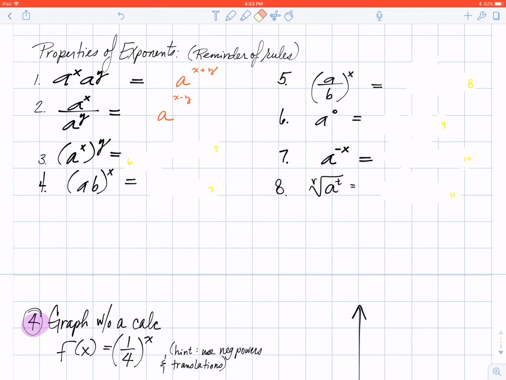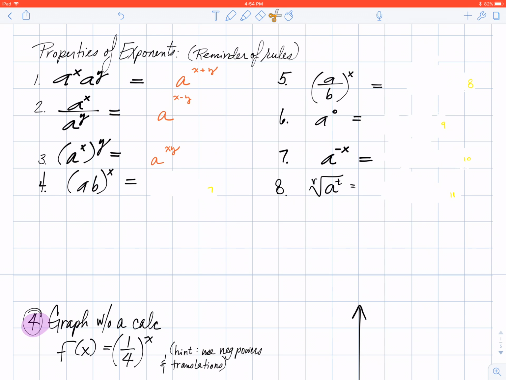Rule number 3, when you raise a power to a power, once again, keep your base, but this time you're going to multiply your powers. When you raise a power to a power, keep your base, multiply your powers.